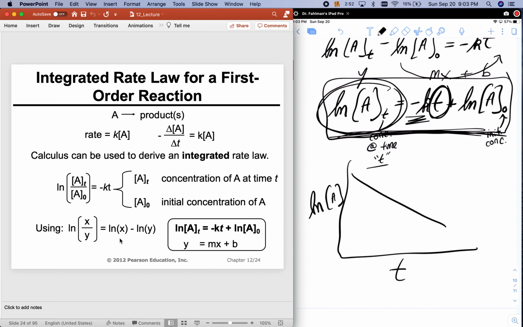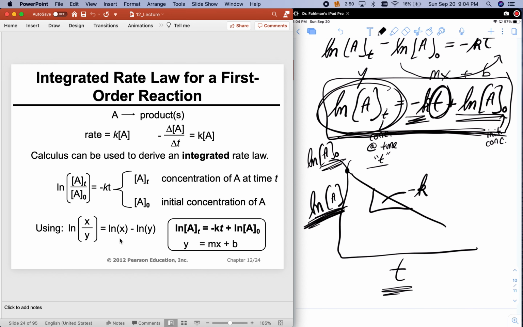That's your slope of minus k. Your intercept is going to be the natural log of A at time 0, or your initial concentration. So by plotting the natural log of concentration versus time, you can get the rate constant, and you can figure out your initial concentration if you're interested.